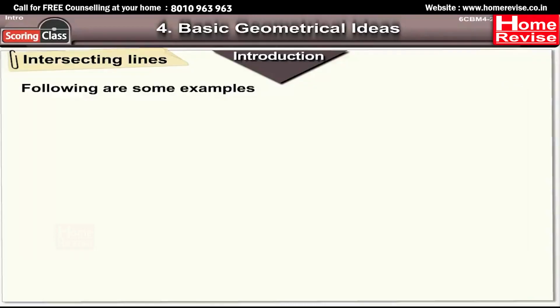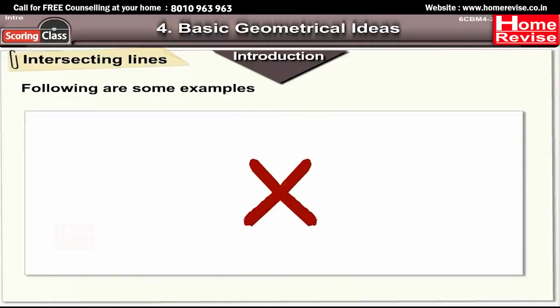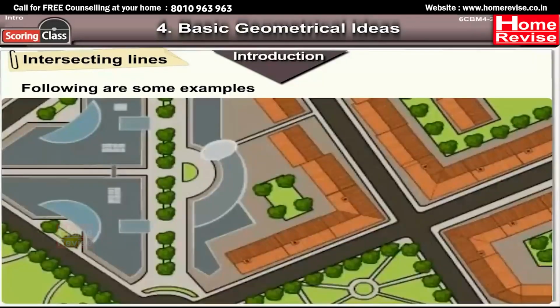Following are some of the examples. Well, have you seen the letter X of the English alphabet? Of course you've seen. That's an example of intersecting lines. And even crossing roads are an example of intersecting lines.